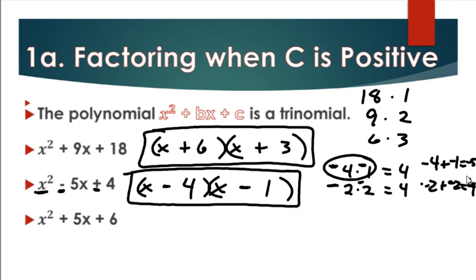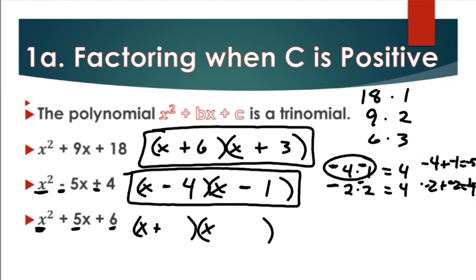binomials. Next one, x squared plus 5x plus 6. So I have my two binomials. Since I'm squaring the x, I start each binomial with an x. What do I multiply to get 6, but add together to give me 5? Well, I know that 6 times 1 is 6.